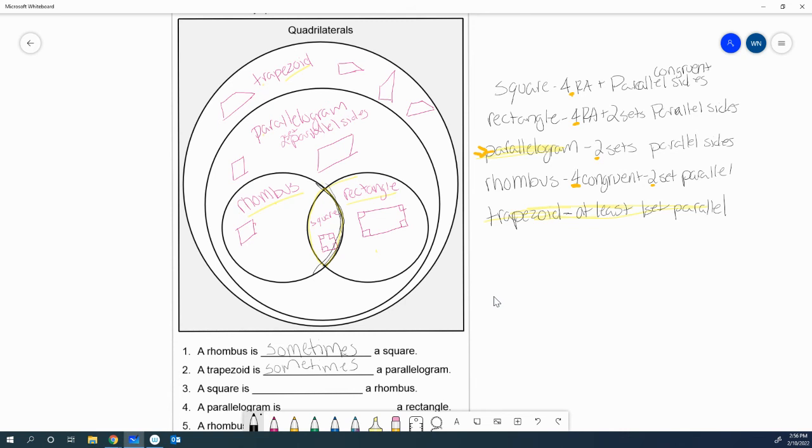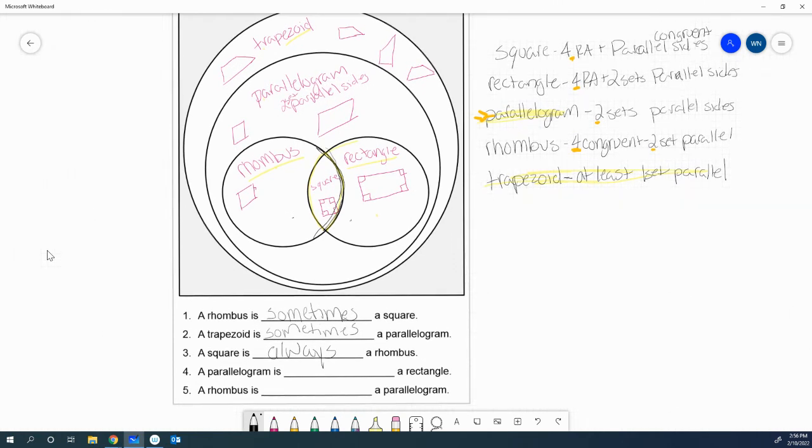I hope you said always. A square is always an example of a rhombus because a square is in the middle between rhombus and rectangle. That square has to have 4 congruent sides before it's considered a square, and that's the definition of a rhombus. So a square is always a rhombus.